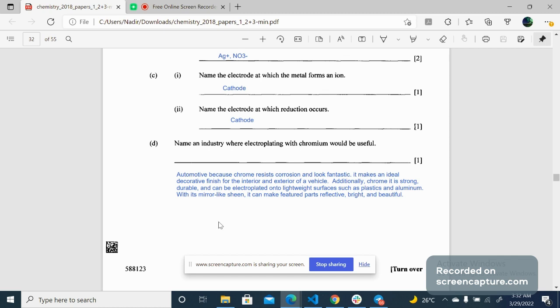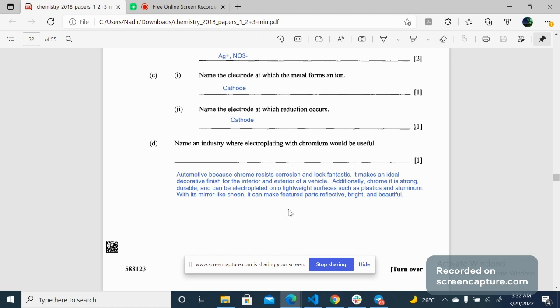One good example is the automotive industry, because there are metal parts in a car, for example, or in a motorcycle, which need long-lasting corrosion prevention, and chromium is a good element to use for this purpose. It also serves some other purposes of crucial importance in the automotive industry.